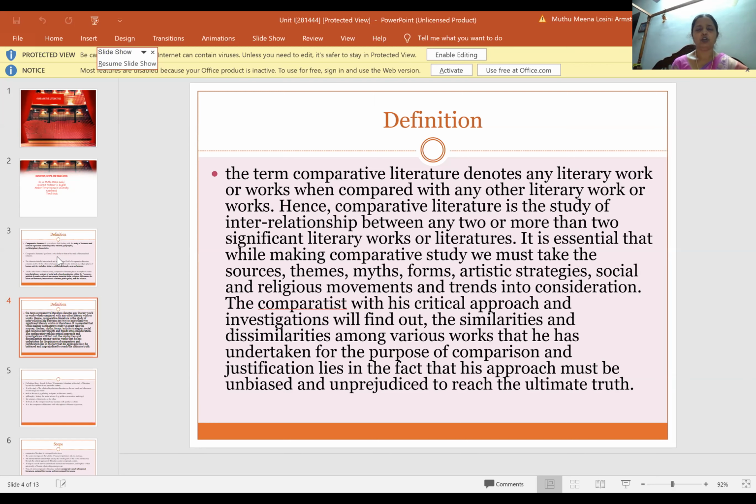And also, the justification lies in the fact that his approach must be unbiased, unprejudiced to reach the ultimate truth. So, that is very important. When he compares two works of art, it should be unbiased and unprejudiced to reach the ultimate truth.